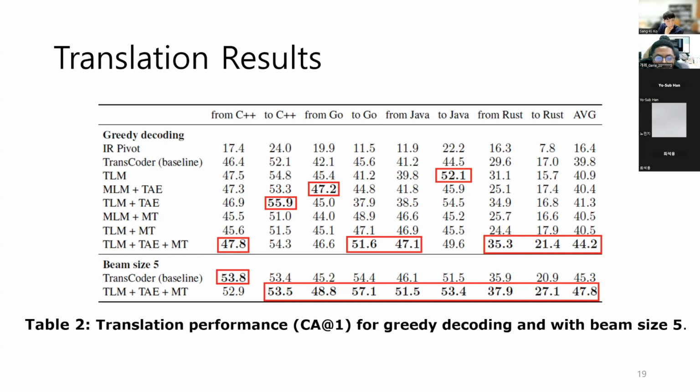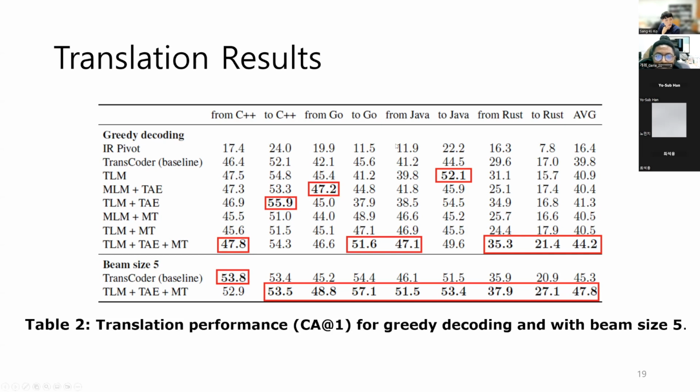Then it takes one program or one IR representation as the source program or source sentence. Then it takes another programming language as the target sentence. Then it makes the translation.